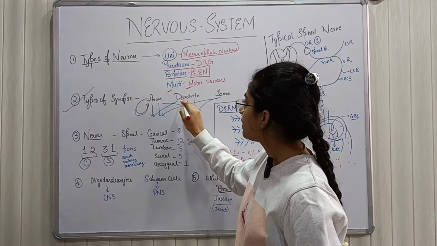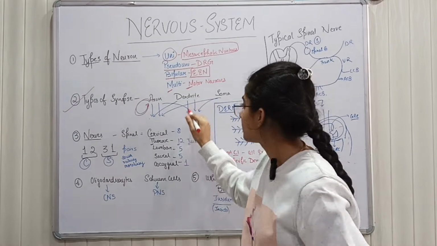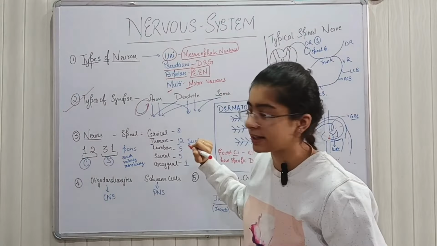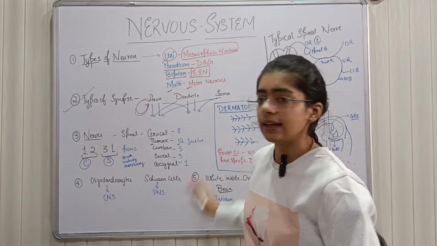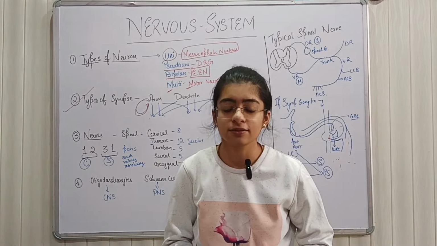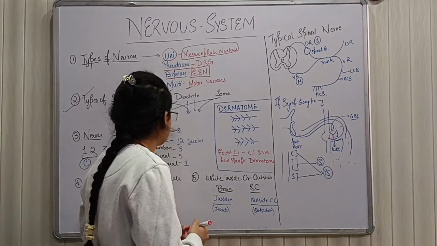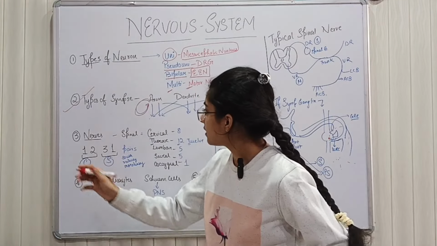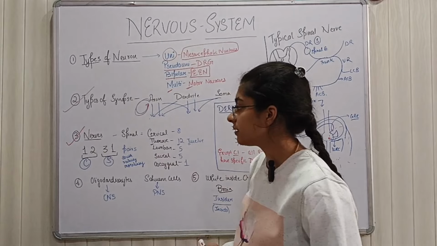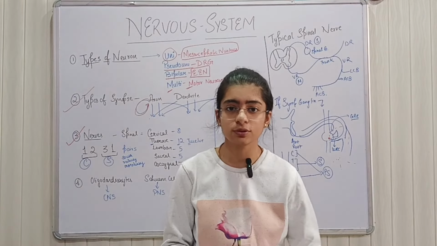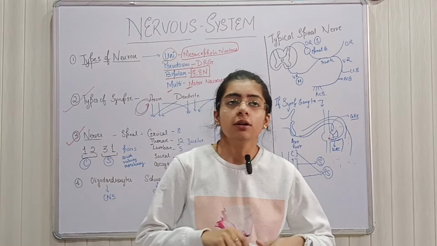Then if I do dendritoaxonic synapse, dendritosomatic synapse, and here I have all the types of synapse without any error.